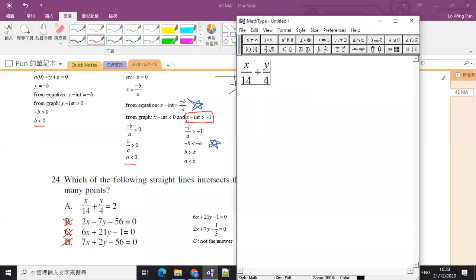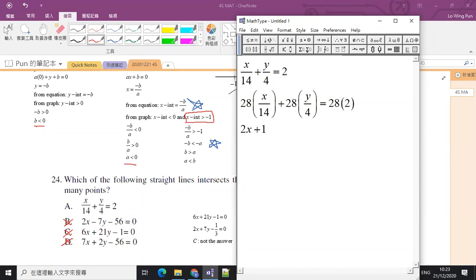Okay, so it's equal to 2, and then multiply this. Okay, and then we have 2x plus 14, sorry, 7y is equal to 56. And then we have 2x plus 7y minus 56 is equal to 0.